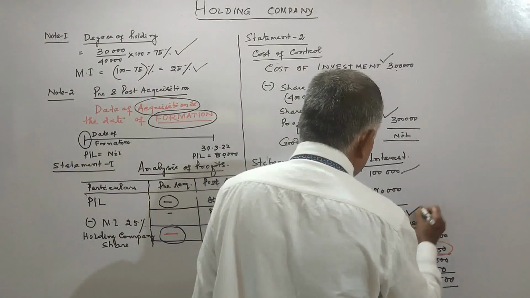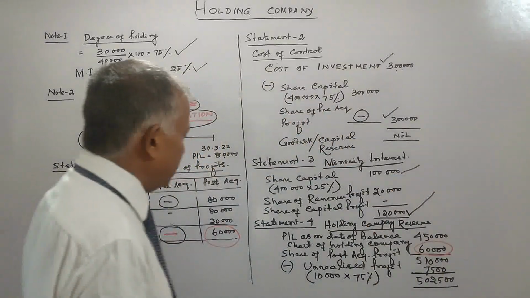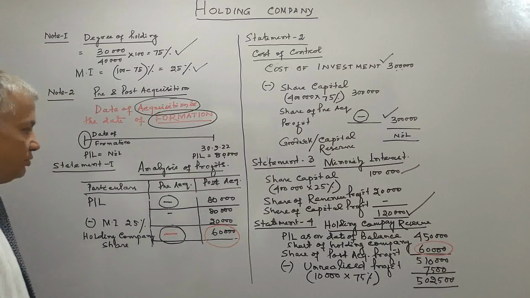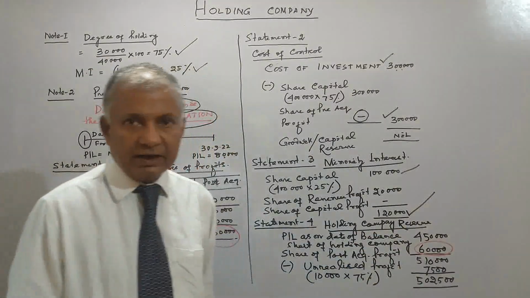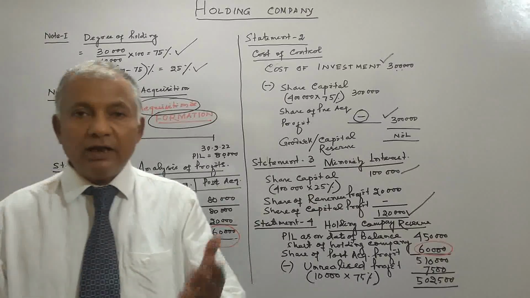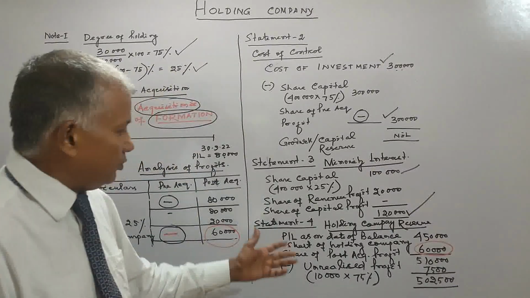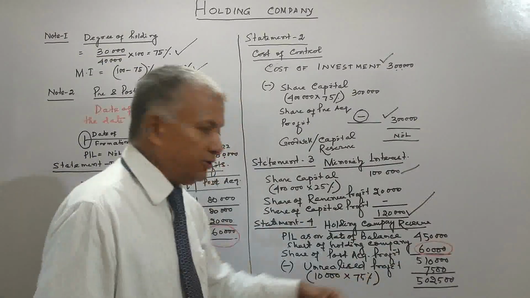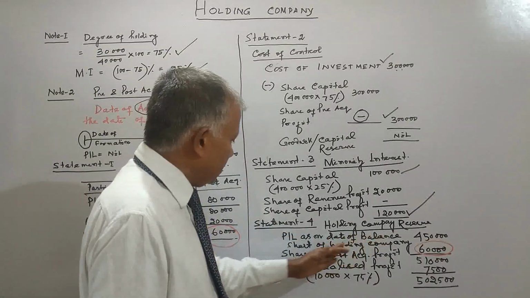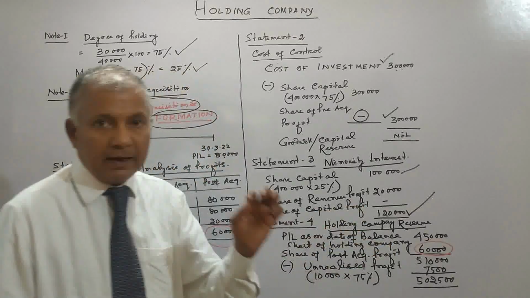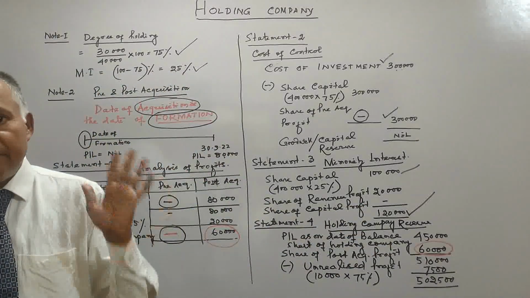Therefore minority interest is 1,20,000. Then we come to statement 4, that is holding company reserve. There is no general reserve, only PL is there, therefore we have made only one column here. So profit and loss as on the date of balance sheet of the holding company, A Limited.